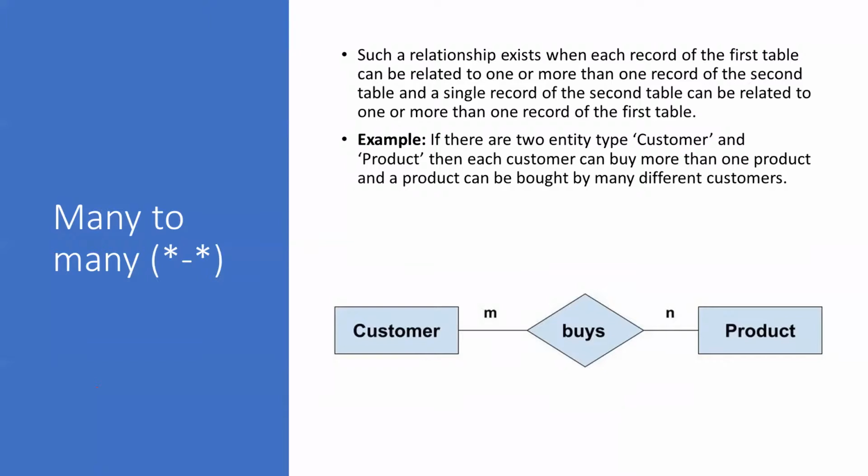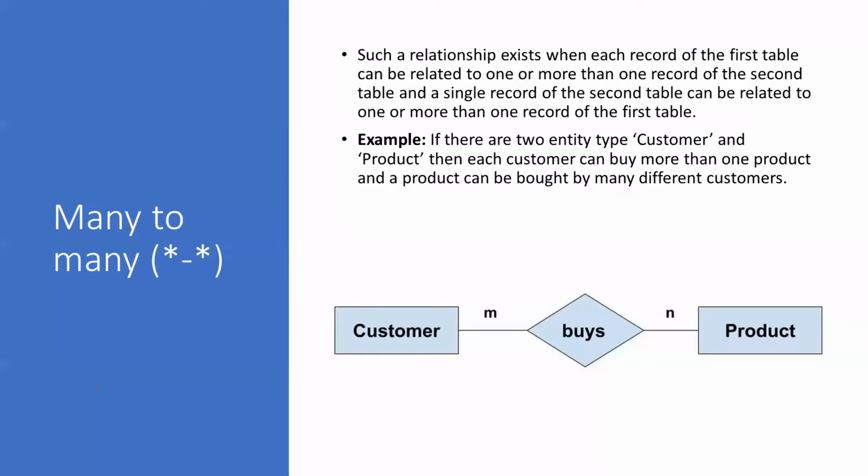Yes. And again, if I go to the product side, if I have some brand of product, like a Maggi packet, that particular brand of Maggi packet can be bought by multiple customers. There are multiple customers that can buy that specific product, right? Yes. So this is how the many-to-many relationship works: a customer can buy multiple products, and one product can have multiple customers buying it.